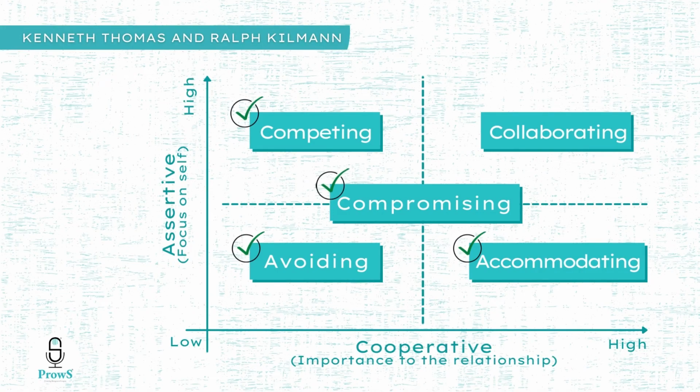The final conflict management style is collaborating. One of the best ones, but also one of the most time-consuming and effort-consuming ones. It's high assertive and also high cooperative in nature. Collaborating conflict management style works on the motto of finding a solution that works for everybody, and that requires effort.